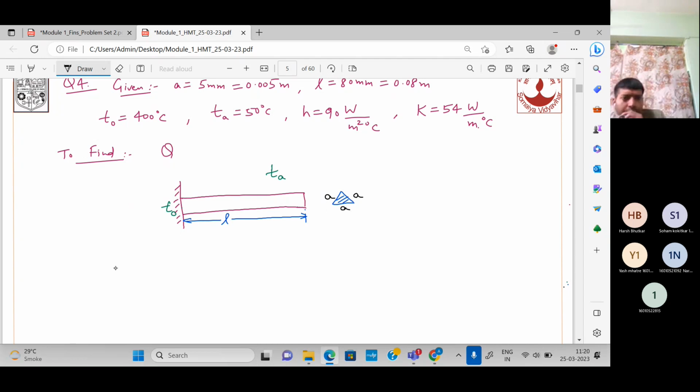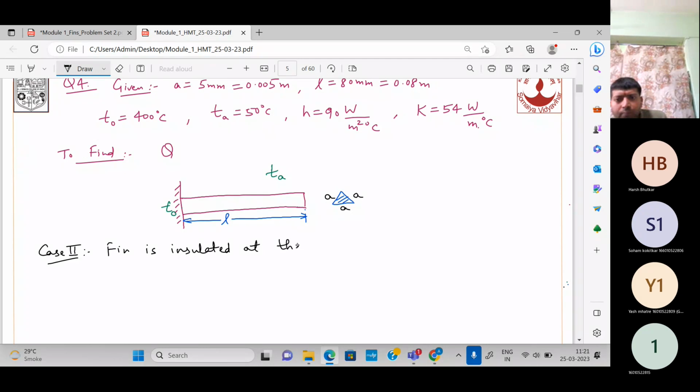So we have taken case 2, that is, the fin is having finite length and insulated at the tip.